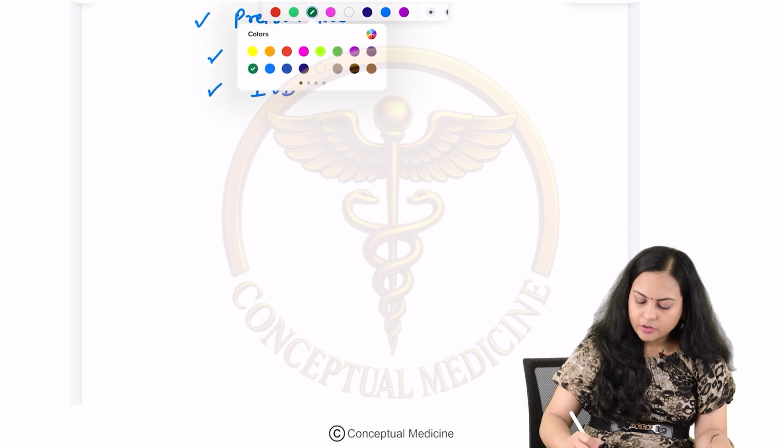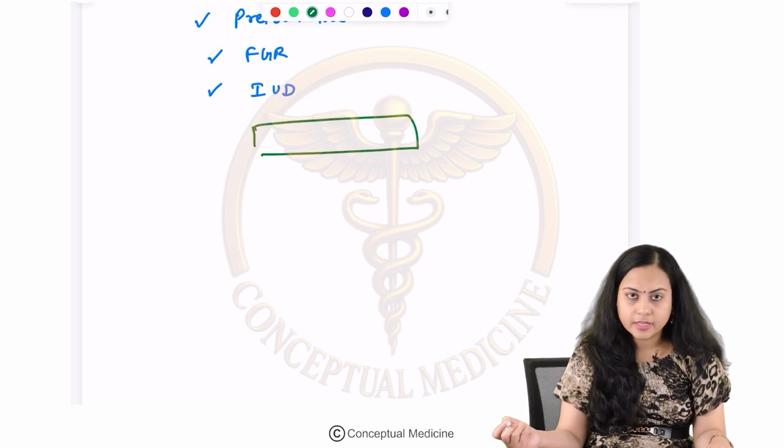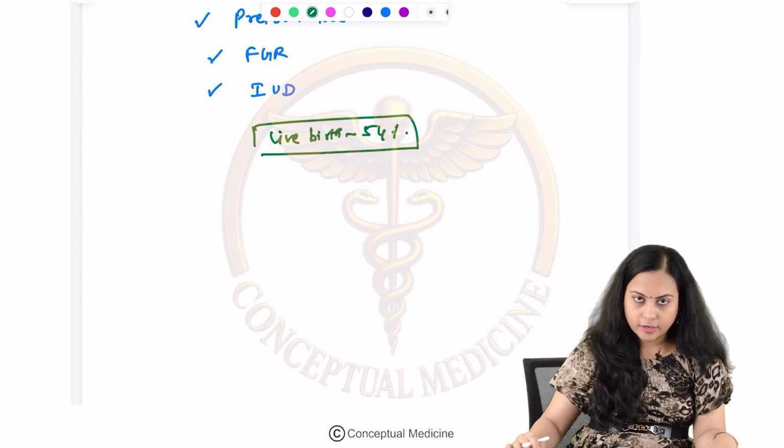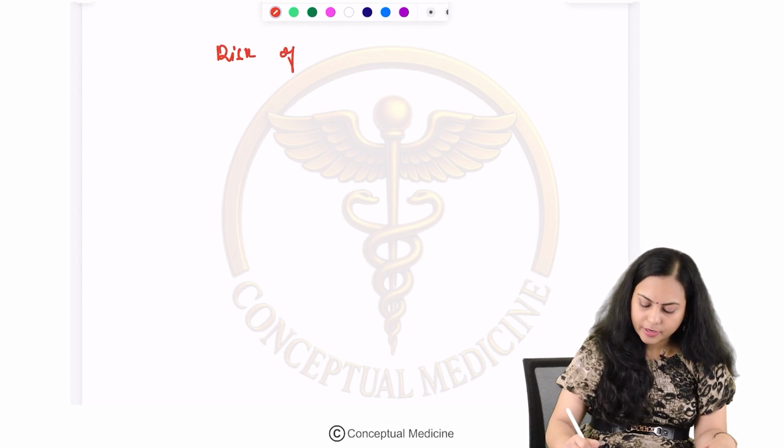But you have to know this fact also. Yes, live birth is also possible in unicornuate uterus. If there is unicornuate uterus, then the live birth rate can be around 54%, right? Last but not the least, risk of ectopic pregnancy is also there.